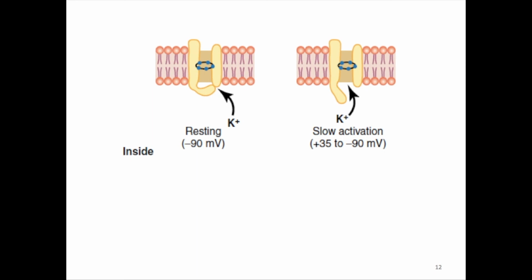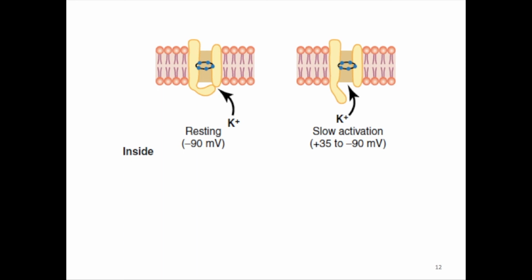For the activation of the voltage gated potassium channel, when the membrane potential rises from minus 90 millivolts towards zero, it causes the opening of the gate and allows increased potassium diffusion outward through the channel.